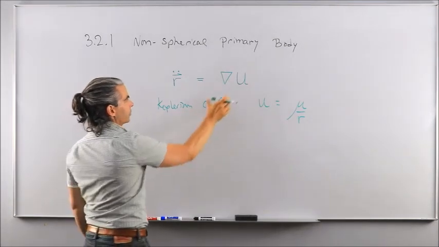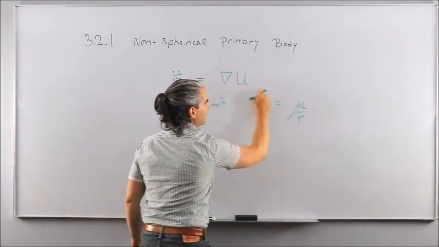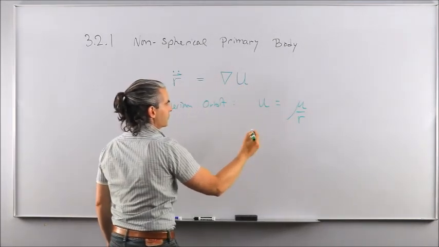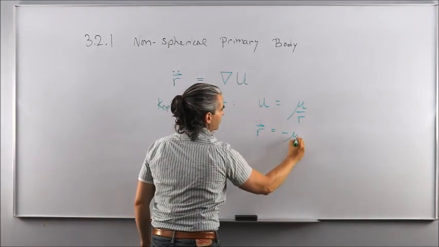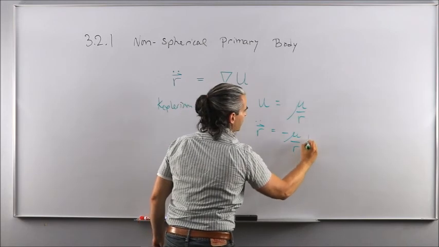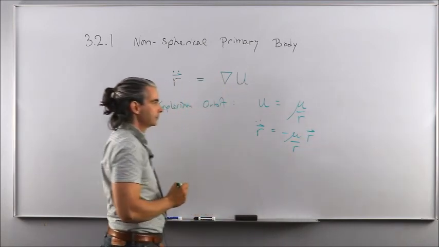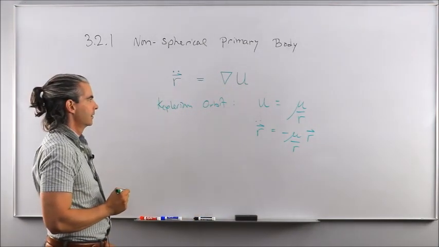So if you were to take the gradient of this geopotential function, then you would obtain, obviously, your minus mu over r cubed times r vector. As simple as that.